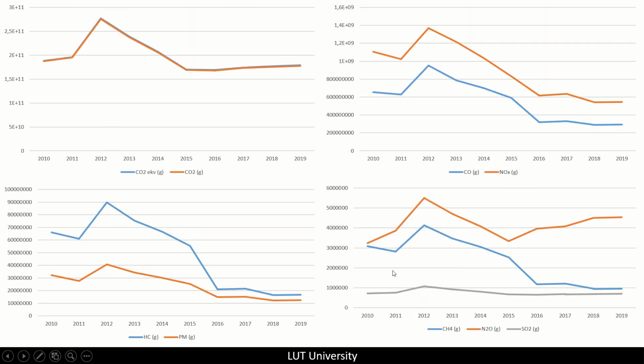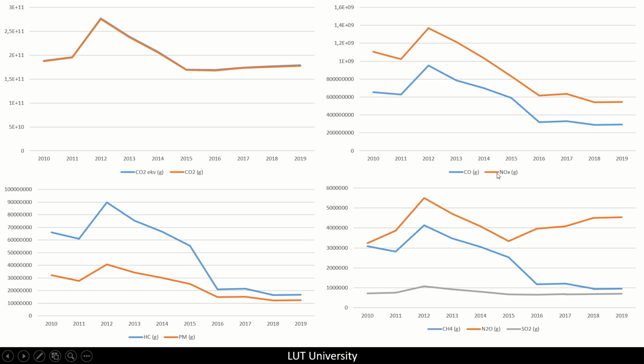One reason that is quite obvious is that nitrous oxide emissions are very harmful to humans and environment. They are air pollutants, and they are one main target of the Euro classification.